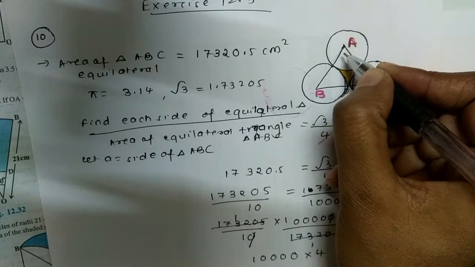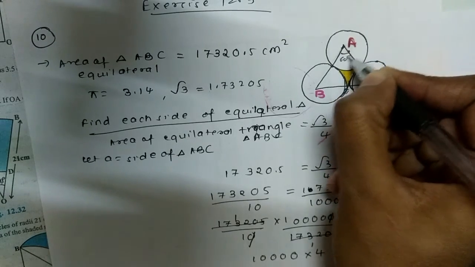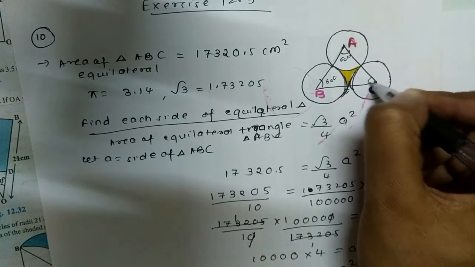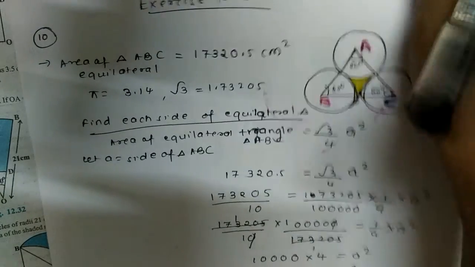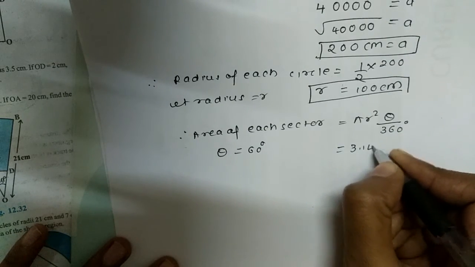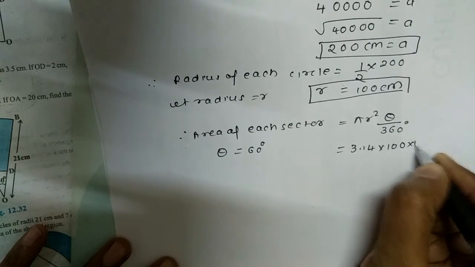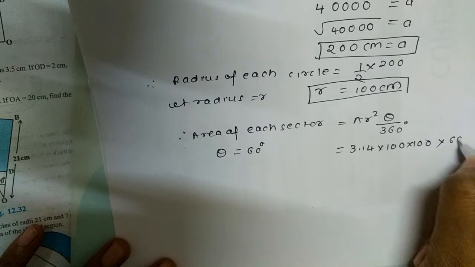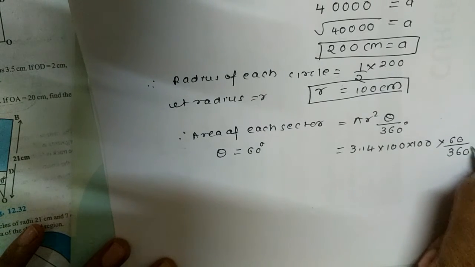Because at A there is the formation of the angle of an equilateral triangle, that is 60 degree, so each of A, B, C is 60 degree. So we got the angle of sector because these are the radii. Pi is given to take 3.14. So 3.14, r is 100, 100 into 100 because it is r square, theta is 60 degree upon 360 degree.